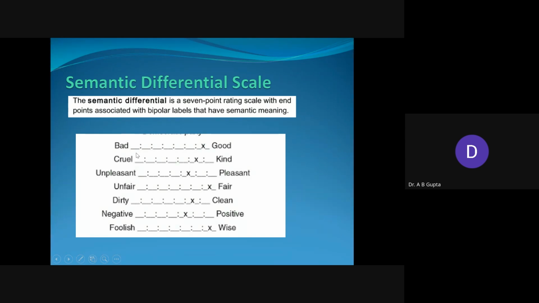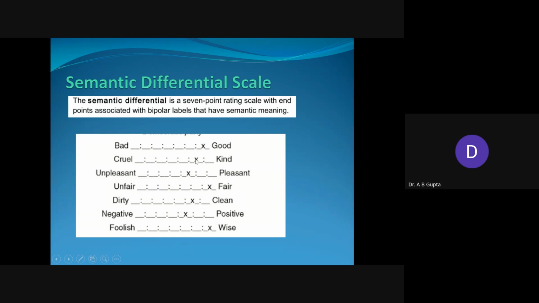For example, suppose I want to get feedback about person A. Some respondent is crossing here, so according to him, person A is good.